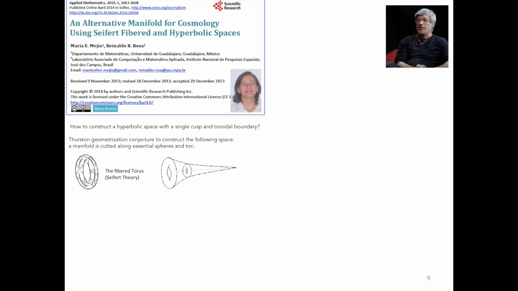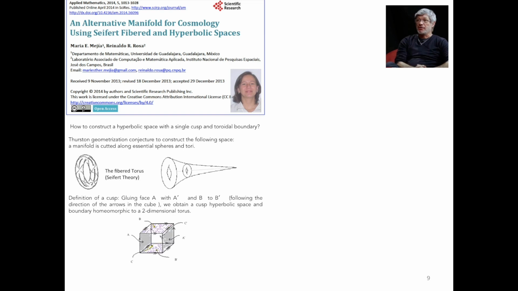We needed some definition of how to produce the cusp from this elementary geometry. So we use this cube. The definition of a cusp is like this: an elementary cube and 2D torus homeomorphism. Note that we need the 2D torus as we need to glue the boundary to a torus with Seifert fiber spheres.